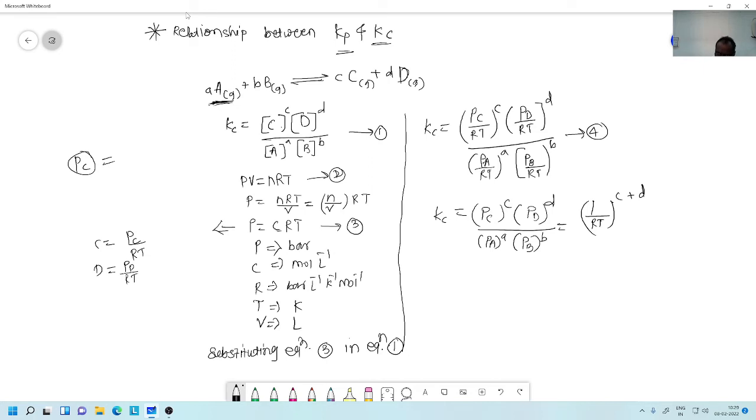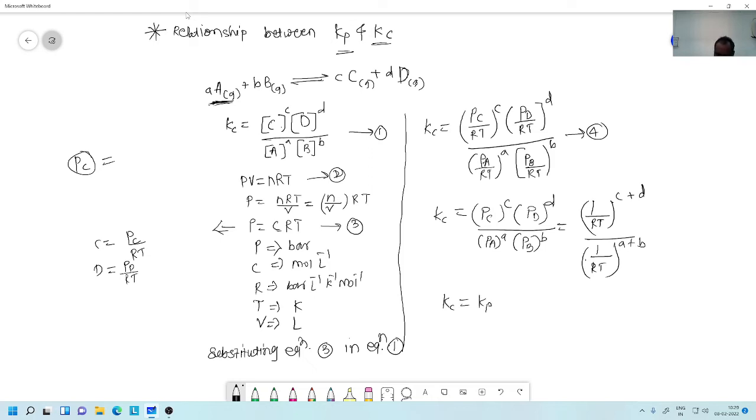That is equal to 1 divided by RT, repeated for each term. If the base values are the same, then we add the powers. Therefore c plus d. Likewise, 1 divided by RT raised to a plus b, right?